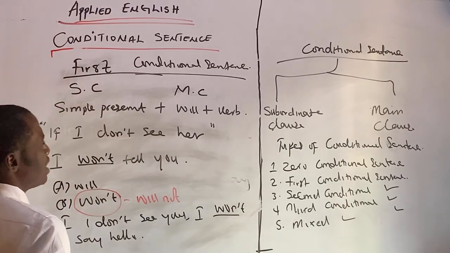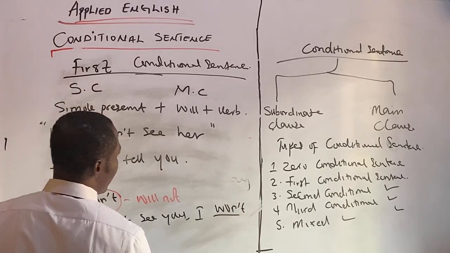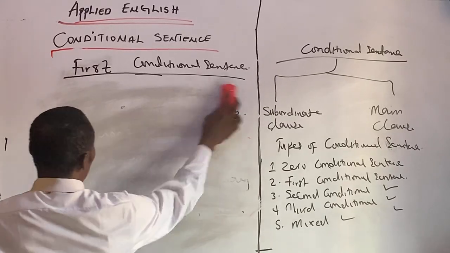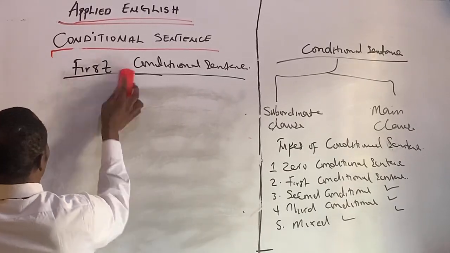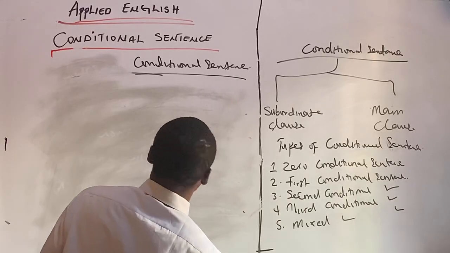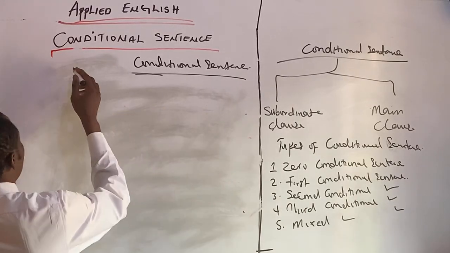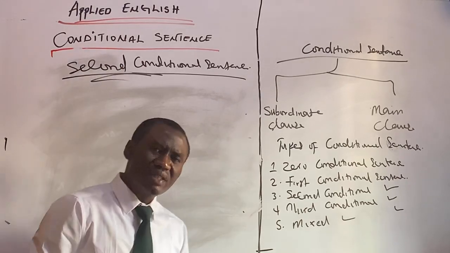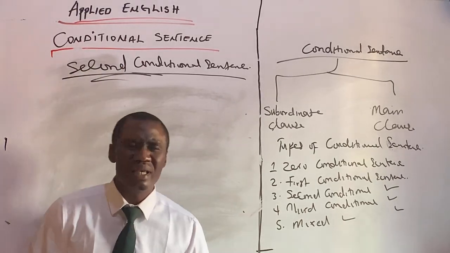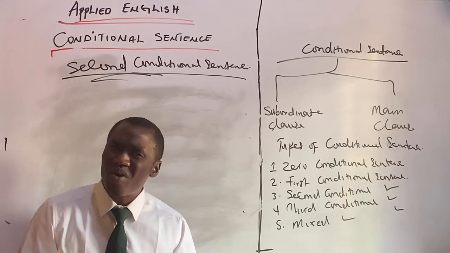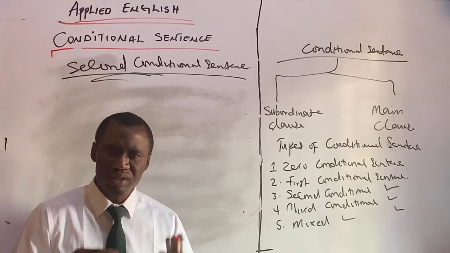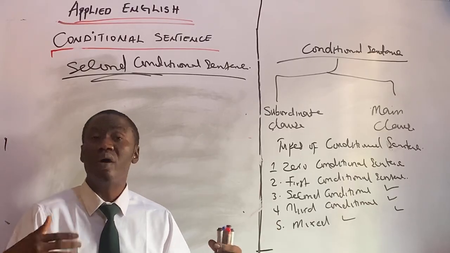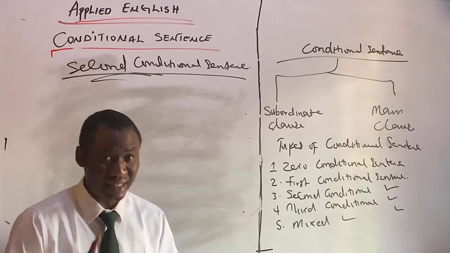The next one is the second conditional sentence. For the second conditional sentence, this simply means an impossible hypothetical condition and its unrealistic result.